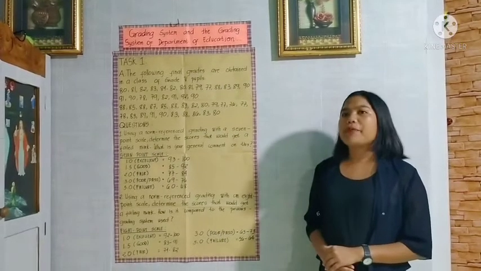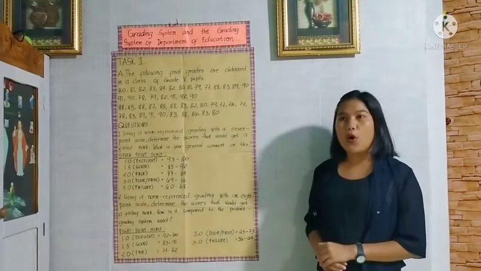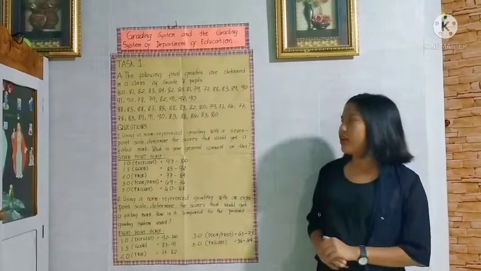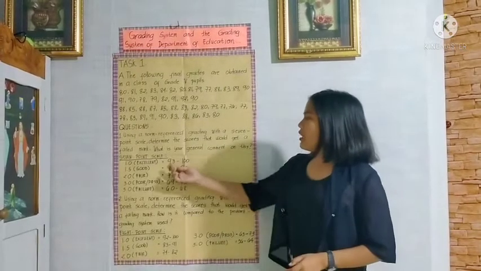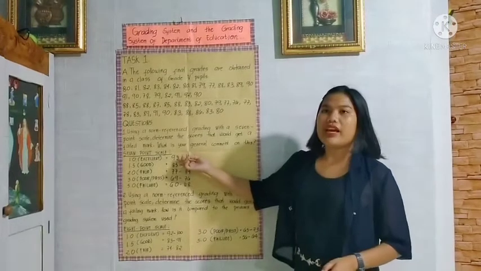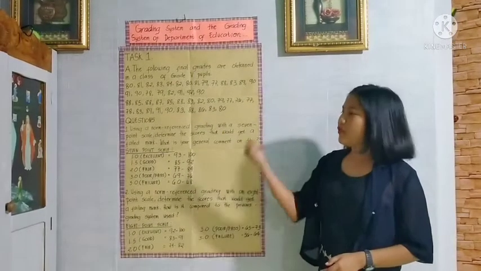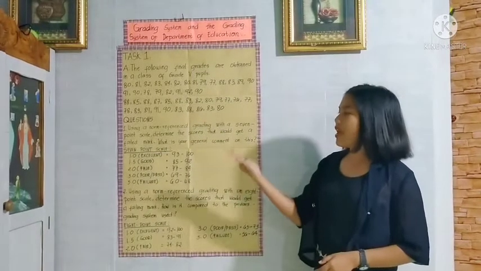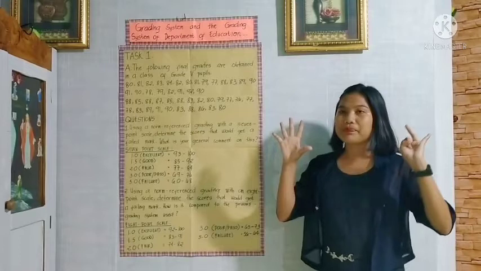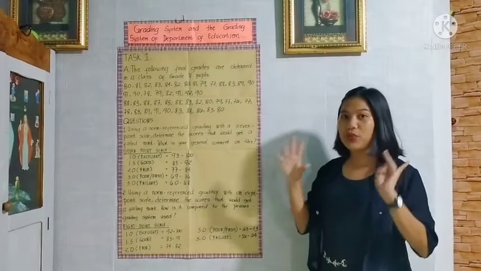So it has a range of 7 percentage points between each grade. For example, 93 to 100: 93, 94, 95, 96, 97, 98, 99, 100. So there is a range of 7 points.